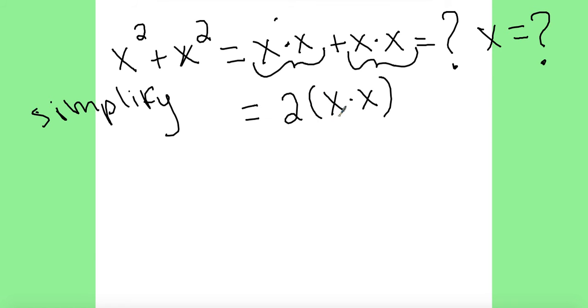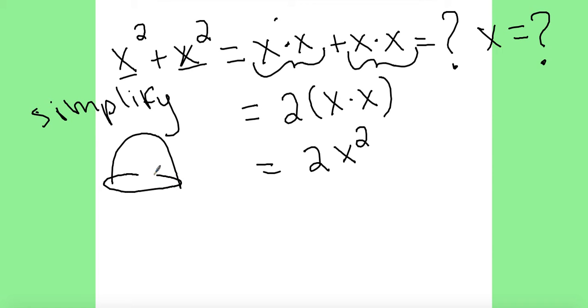Now the x times x I can re-simplify back to x squared. 2 times x squared. And that's exactly what the addition is saying. I have 1 x squared and I have another 1 x squared. And sometimes I like to imagine that I have a little basket and I have some x squared sitting in there.